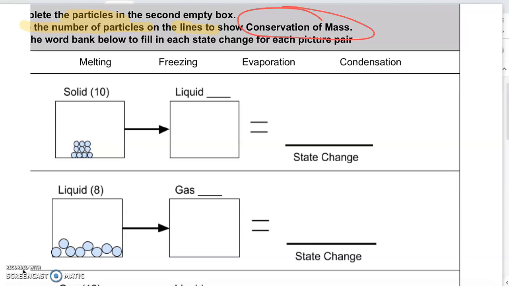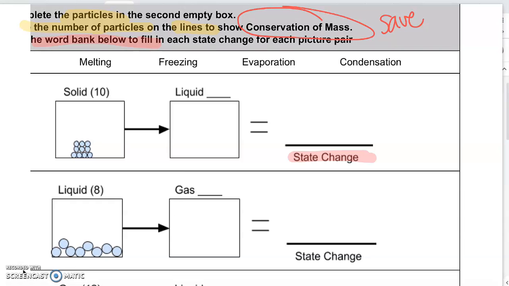Remember, conserve means to save. Then you are going to write the state change on the line. So what state change are we talking about? Here are your choices. You can either do melt, freeze, evaporation, or condensation.